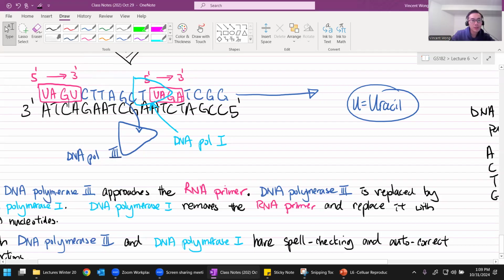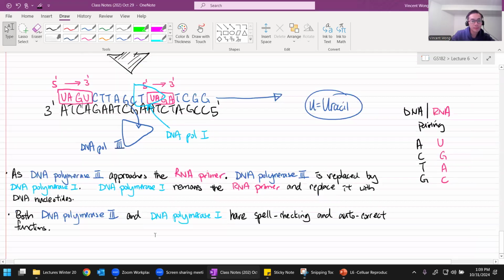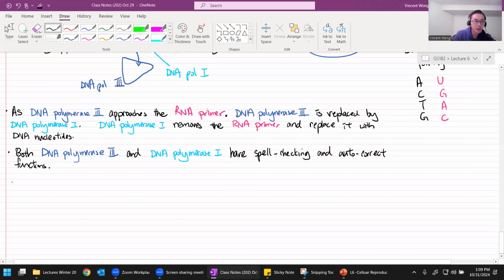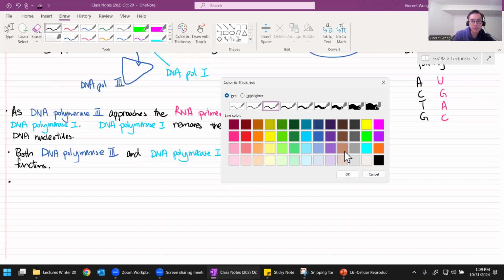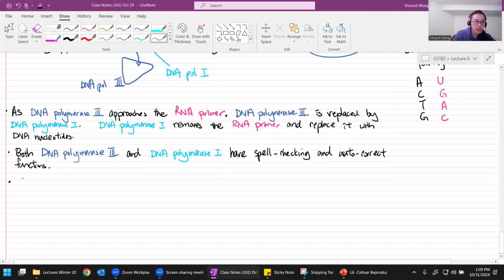Is there anything else? Okay, so there's just one last enzyme that we're going to have to talk about. Once you replace all the primer, we need to bring in one more enzyme.